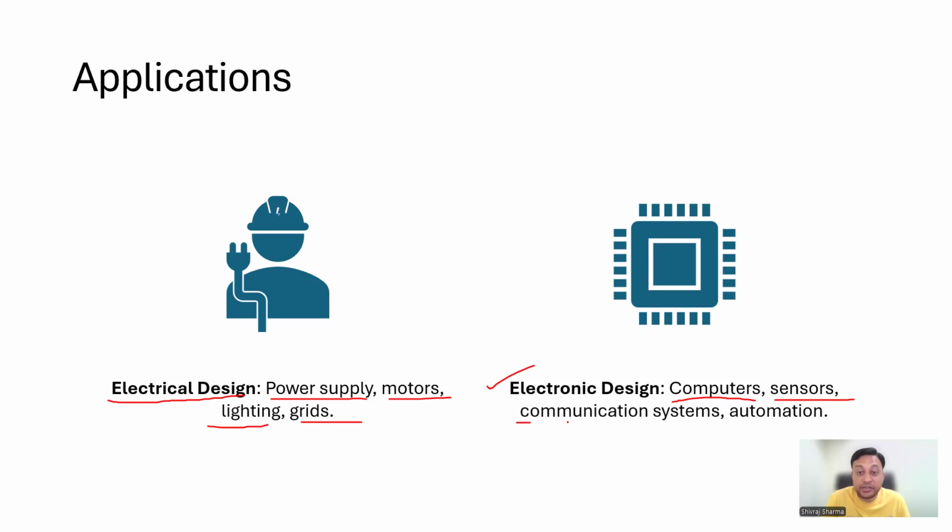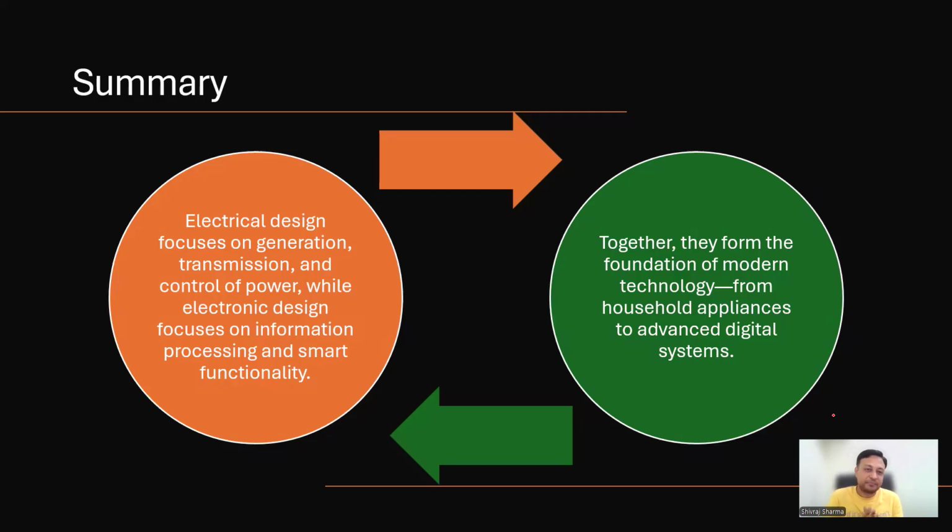Okay. In communication systems, in your mobiles, definitely it is all created just due to the advanced technologies of electronic designs. Automations are working with it. So as you can see, the combination of these two designs or these two domains together is giving you the latest technology that you are right now using in day-to-day life.